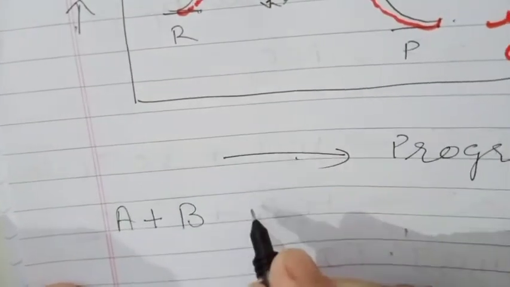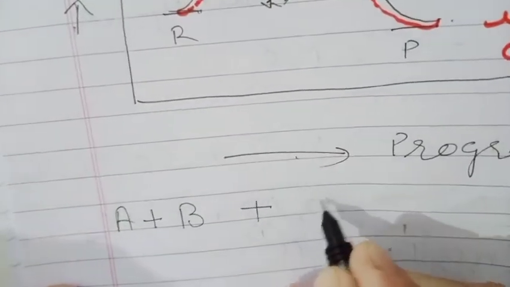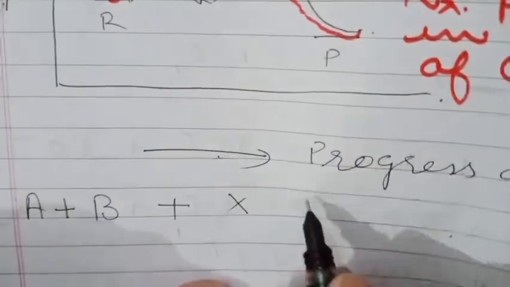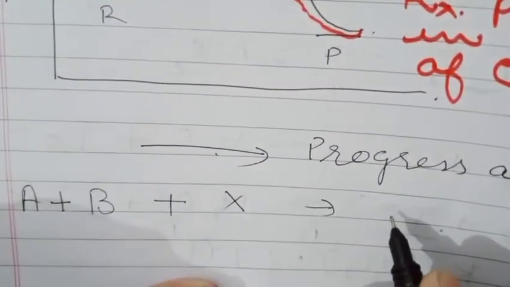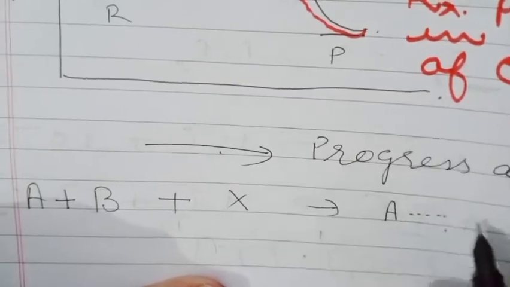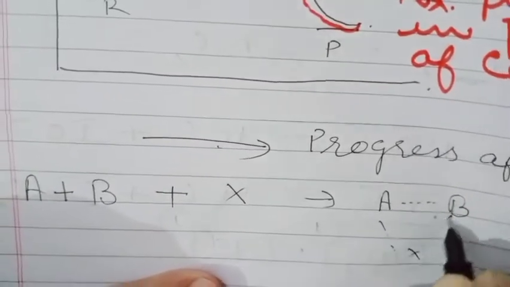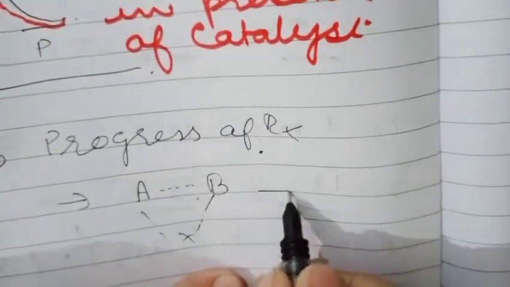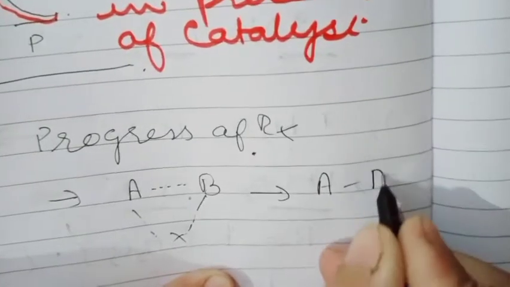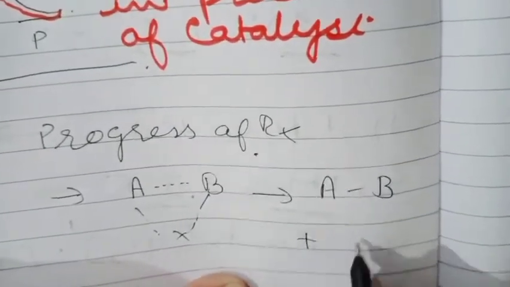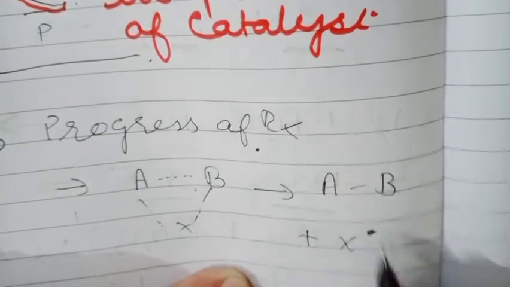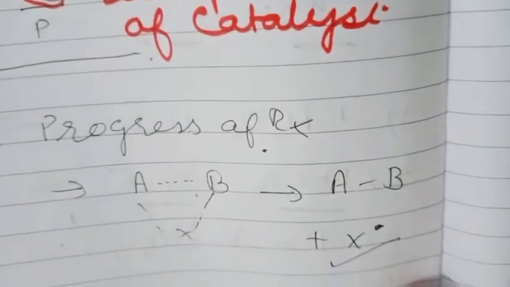Let us consider A and B are two reactants and they are reacting with a catalyst, that is X. First of all, they will form an intermediate. In this case, weaker bonds are formed between A, B and X. Now the intermediate breaks, it forms AB, that is the product, and catalyst X is regenerated.